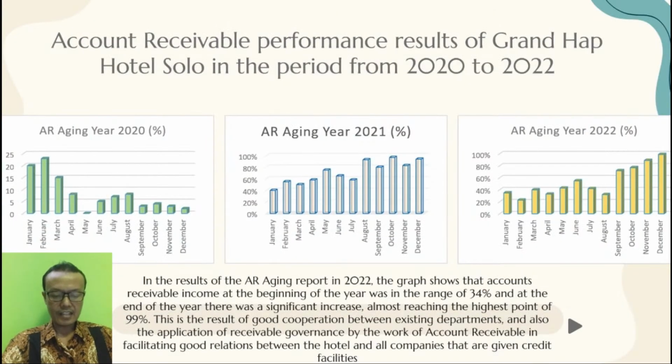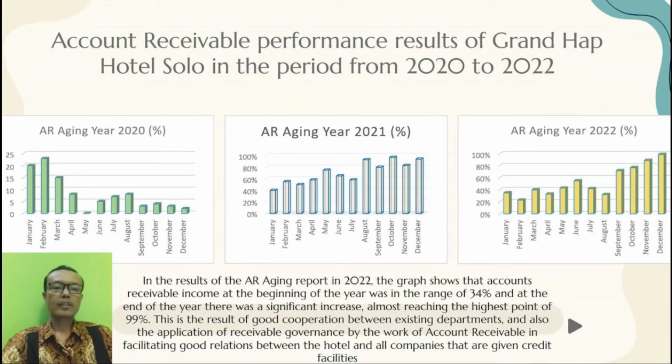Thus, the assessment of the results that form the specific work mechanism carried out by account receivable covers the period from 2023 to 2032.